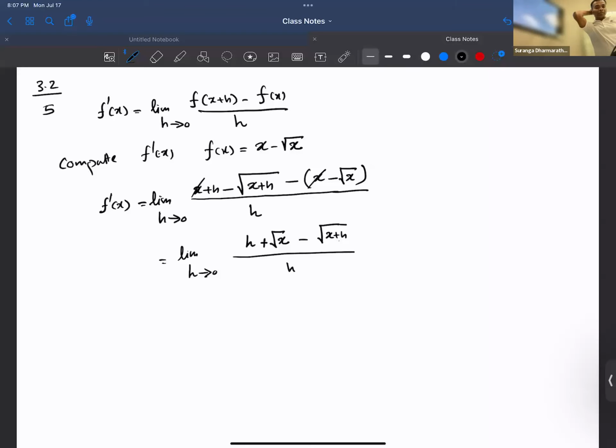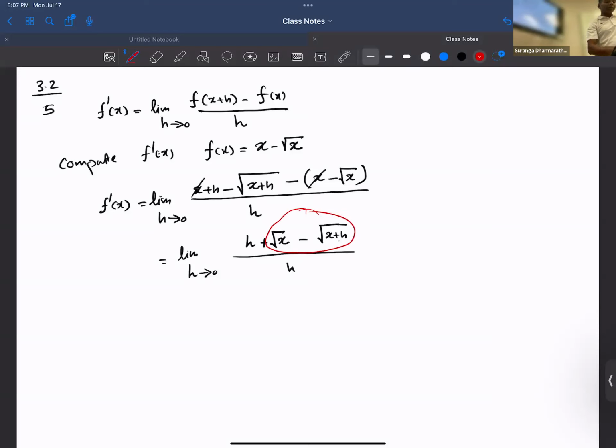Multiply by the conjugate. So what do you use for the conjugate? Right, the numerator, yes. You can use the conjugate of this numerator, right here.